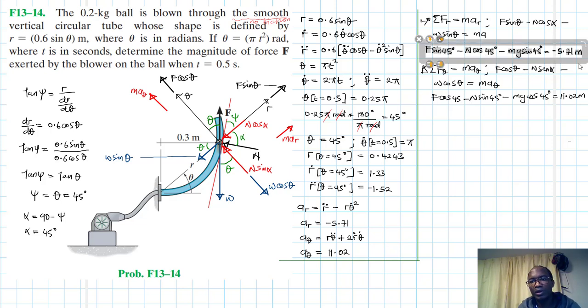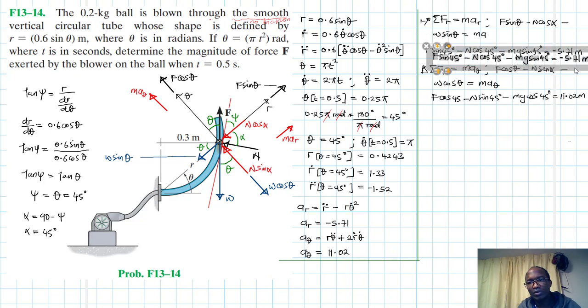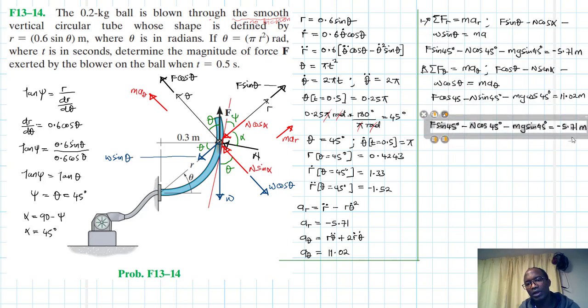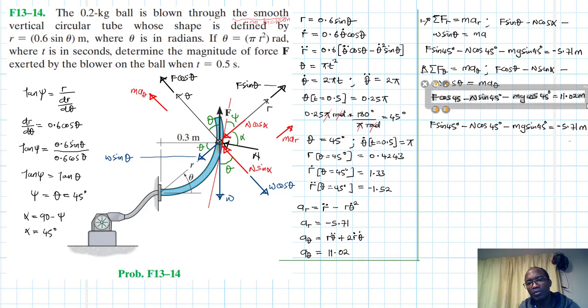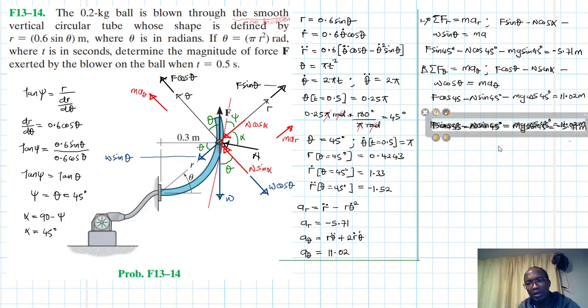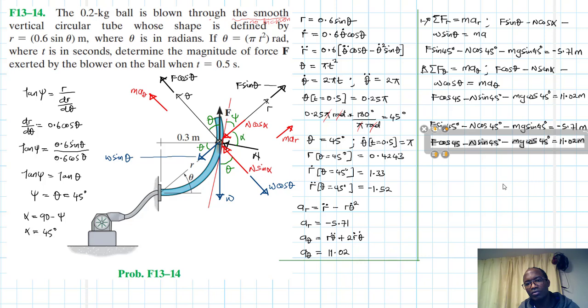We can solve them simultaneously. So I'll just copy them. I'm just going to copy this, I bring it here somewhere like so. And I copy this, I bring it somewhere there like so. So we have two equations that we can solve simultaneously, which I'll do. So there we go. Let me check them again. This is minus. Where is my N?